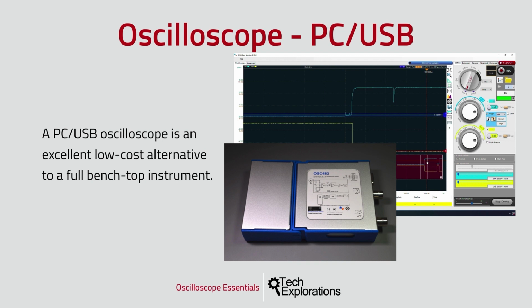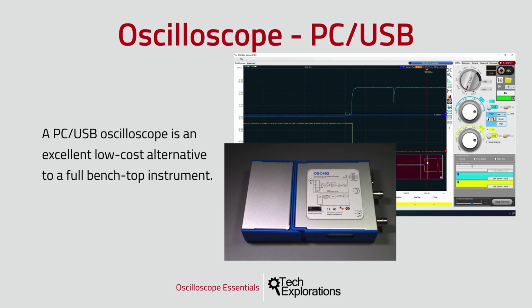I found that personally, the trade-off between a budget instrument and good performance can be very good these days with PC USB oscilloscopes. I'll be using this oscilloscope in most of the experiments in this course to show you how it works and how it compares to the full benchtop oscilloscope.